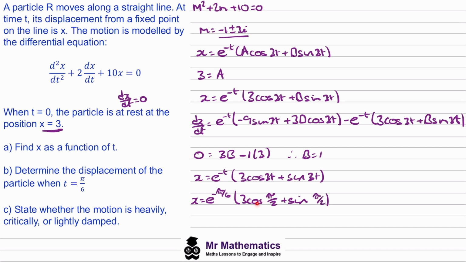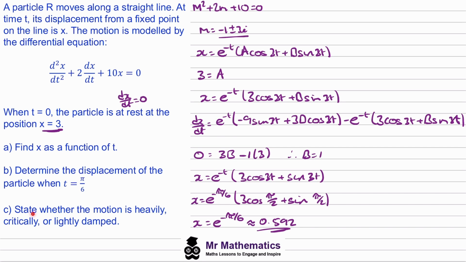The cos of pi over 2 is 0, so this term will go, and the sine of pi over 2 is 1. So we'll get the displacement as e to the negative pi over 6, which is approximately 0.592.